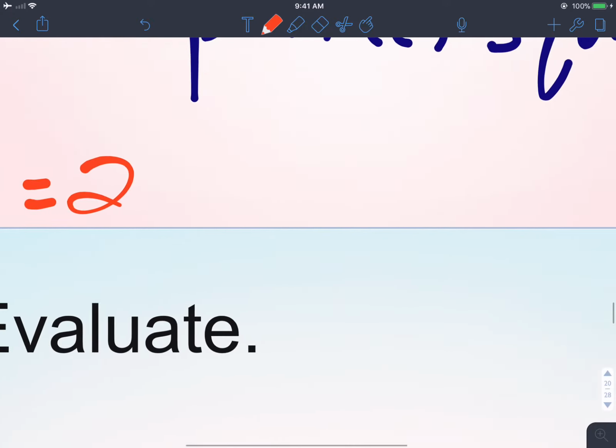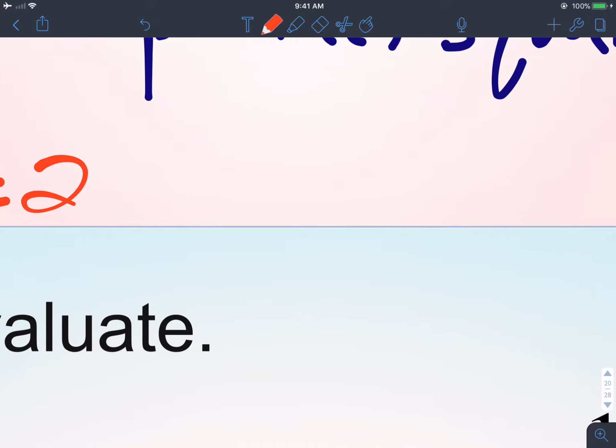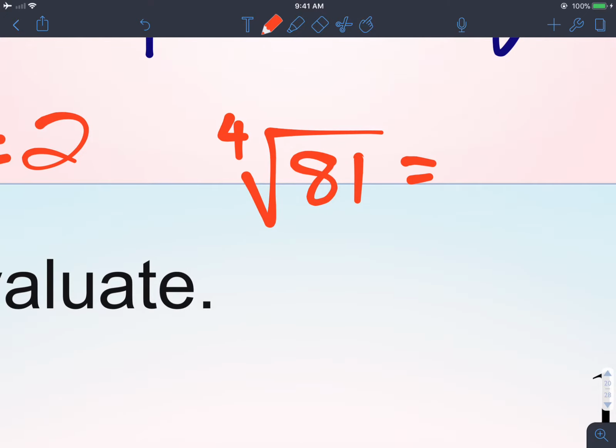One more. How about the 4th root of 81? Actually, 2 more. 3rd root of 27.